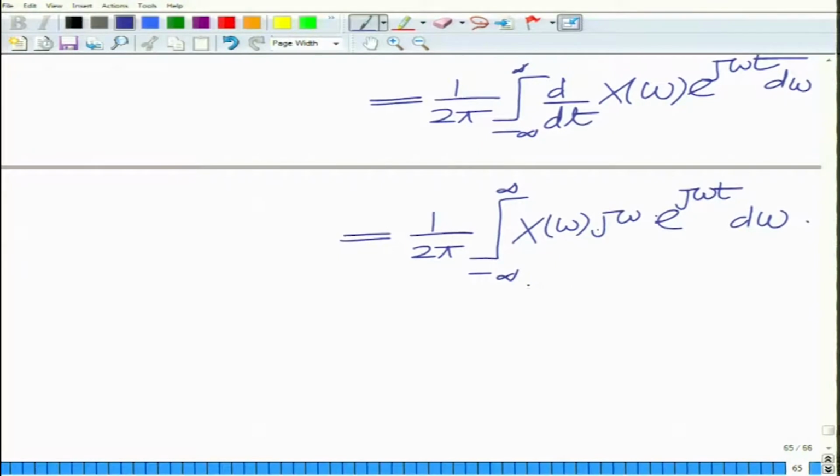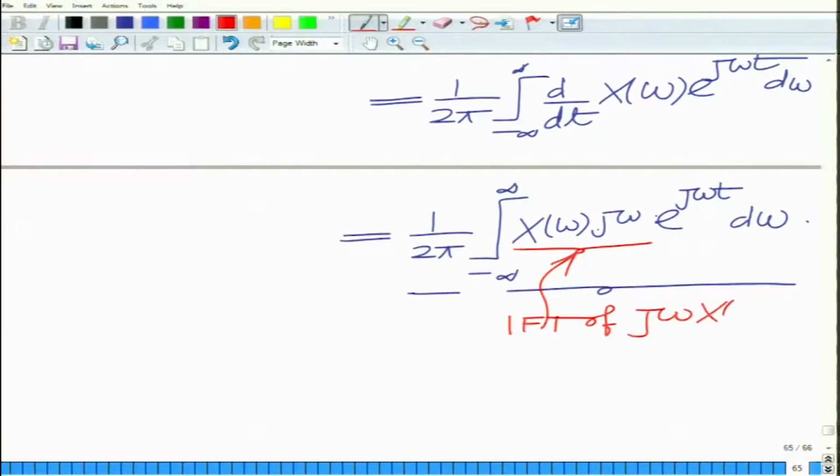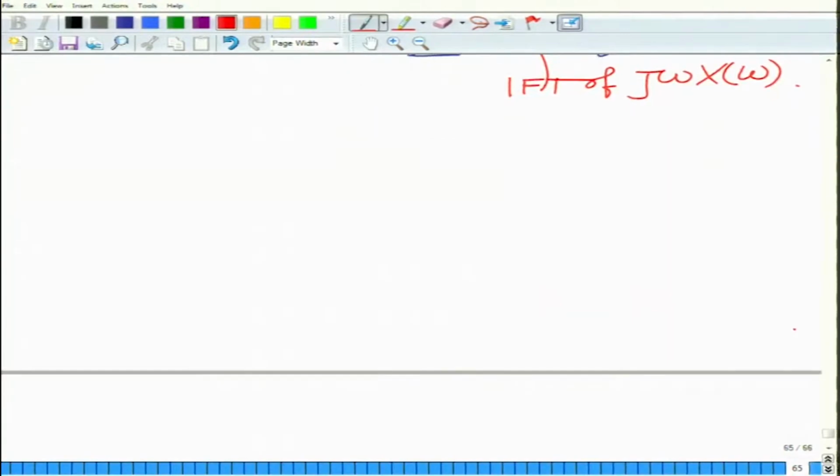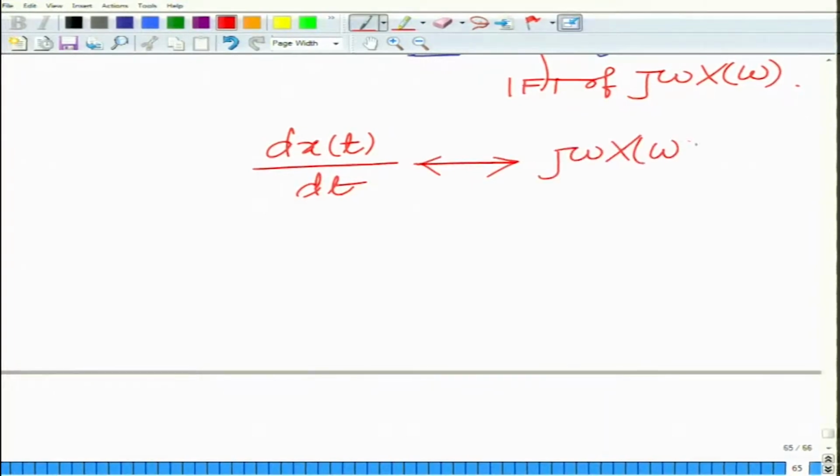And now you can see this quantity is the IFT, the inverse Fourier transform, of j omega X(omega). Therefore, the time derivative dx(t)/dt has the Fourier transform j omega X(omega).